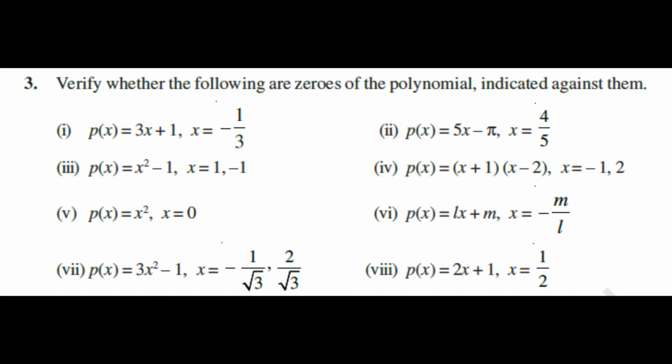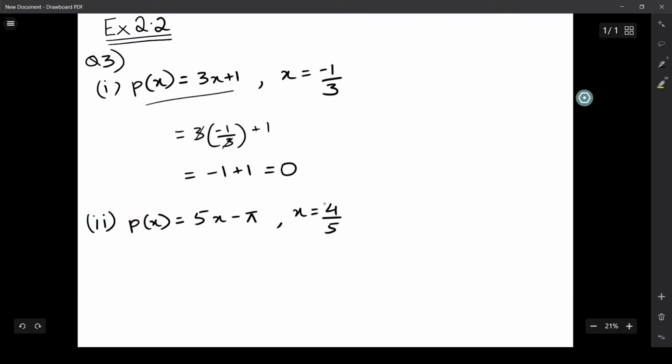Moving to the second part, here the polynomial is p of x is equal to 5x minus pi, and the value to be verified is x equals to 4 by 5. Now again, we will replace the value of x with 4 by 5, and we get 5 into 4 by 5 minus pi.